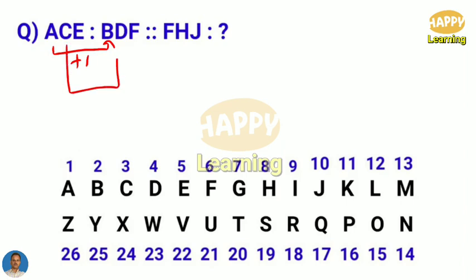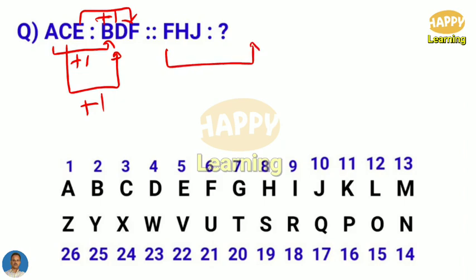From C to D, plus 1 is done. From E to F, plus 1 is done. So plus 1 rule is followed here.